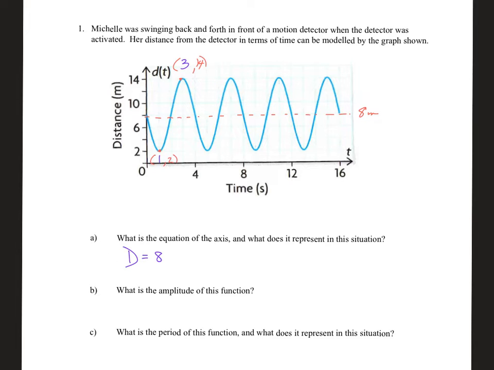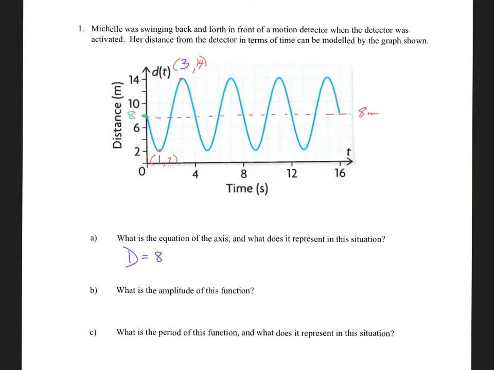However, can we actually start to think about the context a little bit? What we have in the situation is Michelle swinging back and forth in front of a motion detector. What that means is at that first starting point, Michelle is 8 meters from the motion detector.